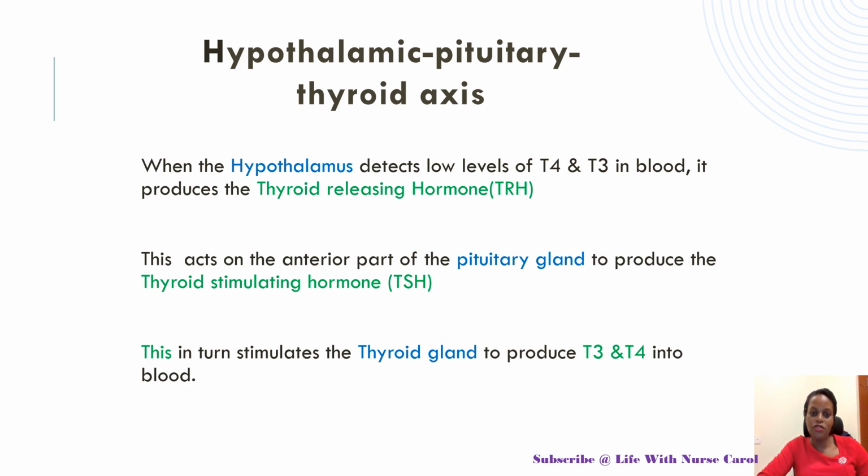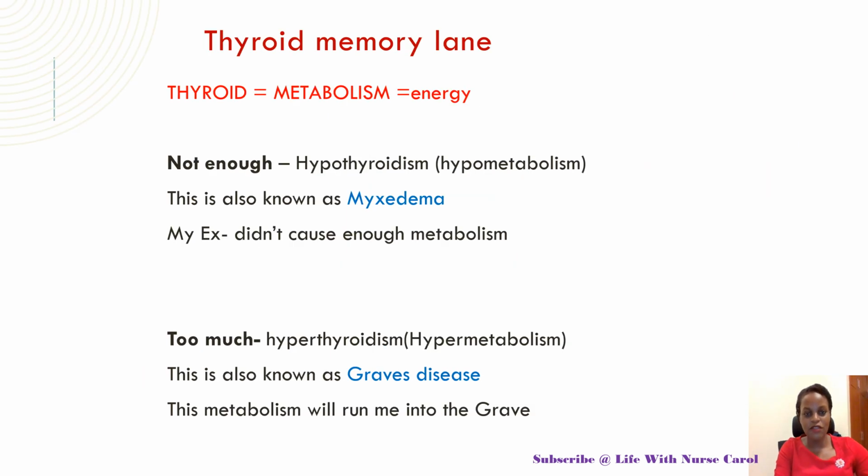This in turn stimulates the thyroid gland to produce T3 and T4 into the blood. For our metabolism to keep in check, we have to maintain that hypothalamic pituitary thyroid axis. In case something goes wrong, something will go wrong in the body.